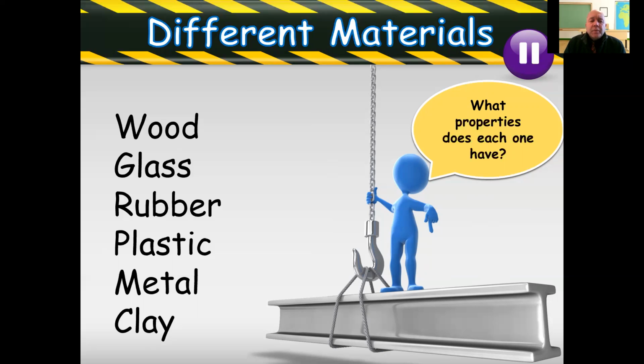Clay, finally, in a wet state, is very easy to shape. Once it's dry or been fired, it becomes very hard and resilient. So those are the 6 materials we mentioned yesterday. There are lots more, and they're just some of the properties that they have. I hope all that makes sense.